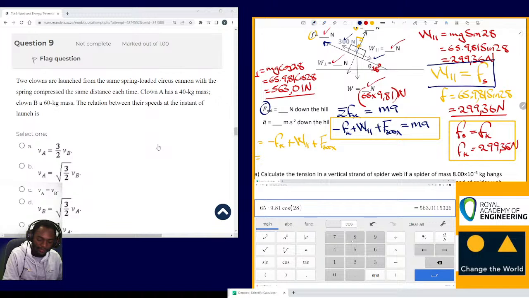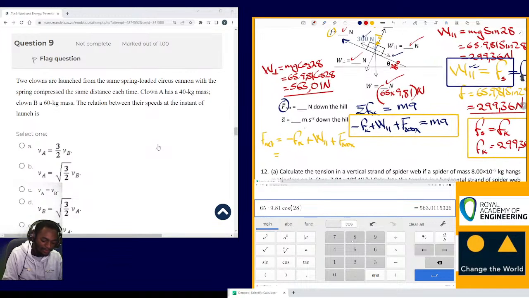The component of the weight down the slope and the frictional force, we said they are equal, and in this case they said the frictional force remains constant, which means this weight down the slope is also equal to the kinetic friction. So these two are equal and opposite, which means that these will cancel out.